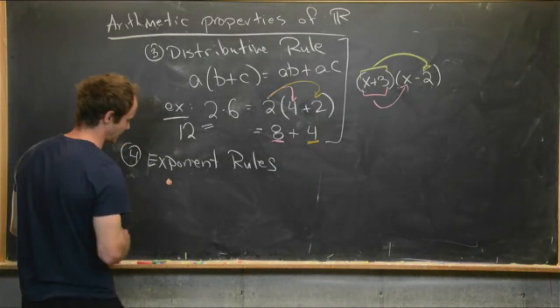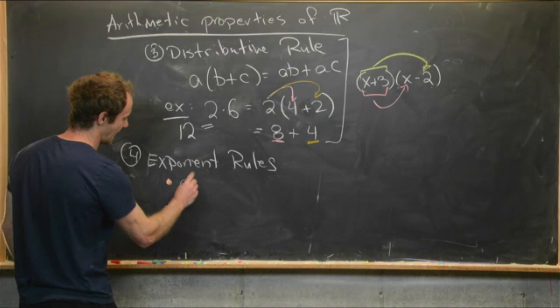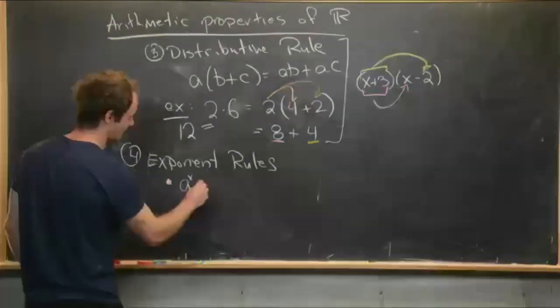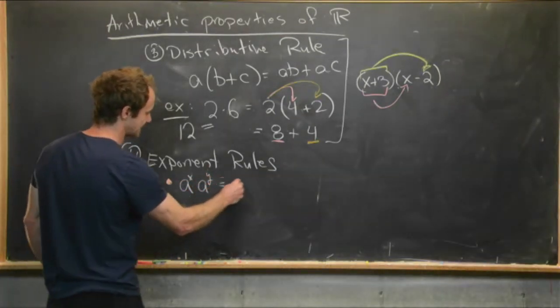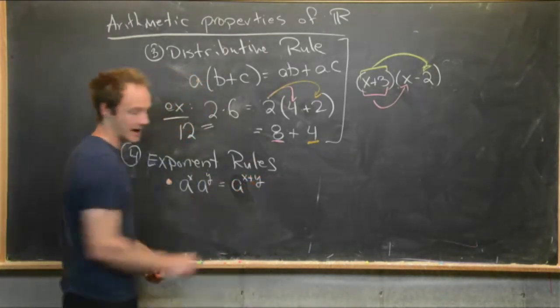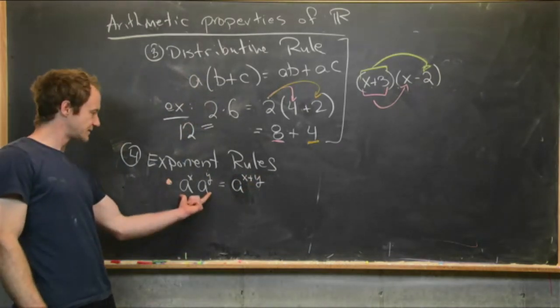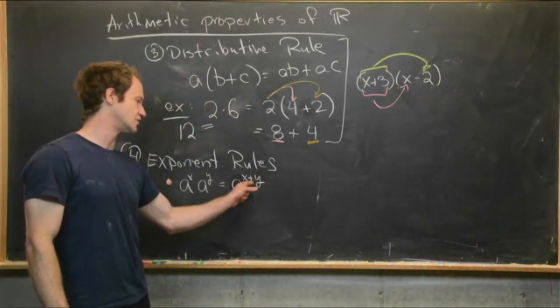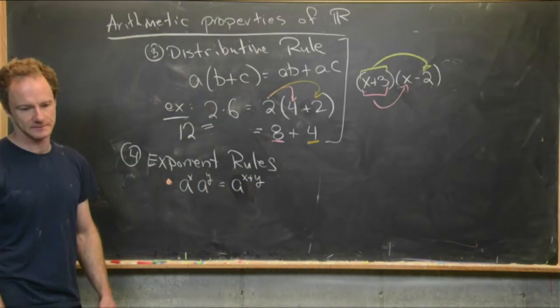So let's say the first one is if you have a to the x times a to the y, that's the same thing as a to the x plus y. So if you're doing multiplication, it turns into addition in the exponent.